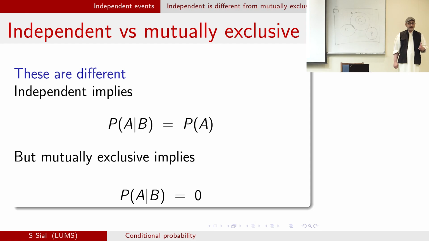If I roll a fair die twice, the event that the first roll is a 1 and the event that the second roll is a 1 are independent.